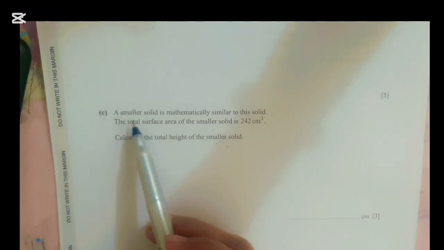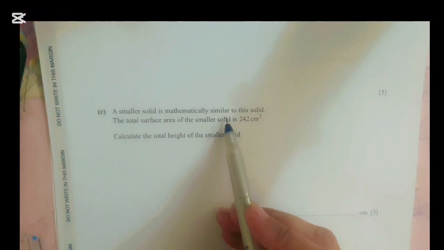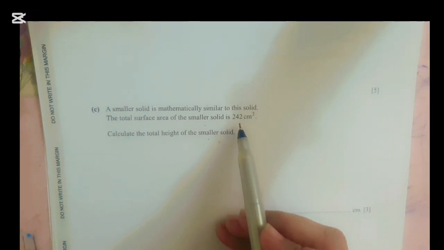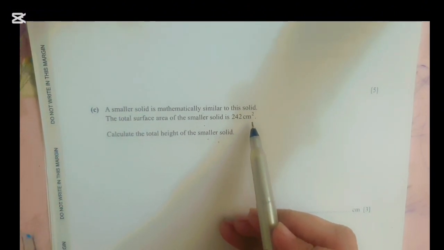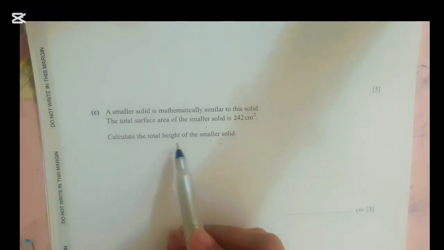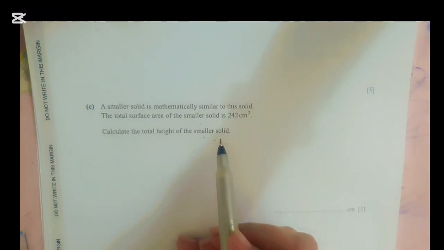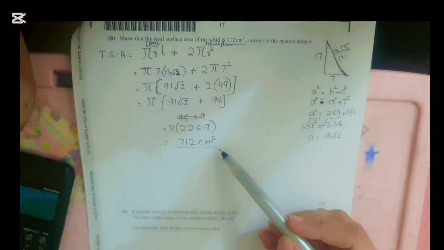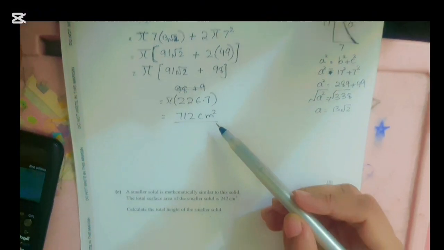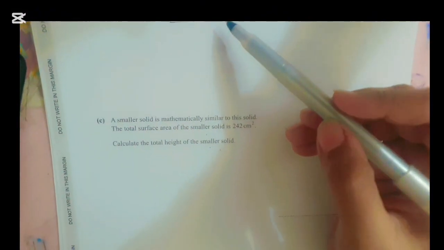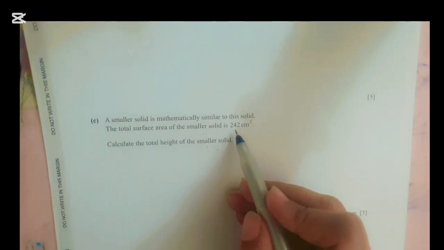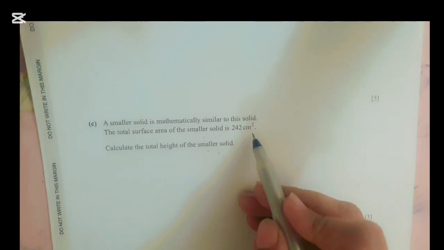Part C is, a smaller solid is mathematically similar to this solid. The total surface area of the smaller solid is 242 centimeters square. Calculate the total height of the smaller solid. The larger solid that we have found has a total surface area of 712 centimeters square, and they are saying that there is another, smaller solid whose total surface area is given, 242 centimeters square.